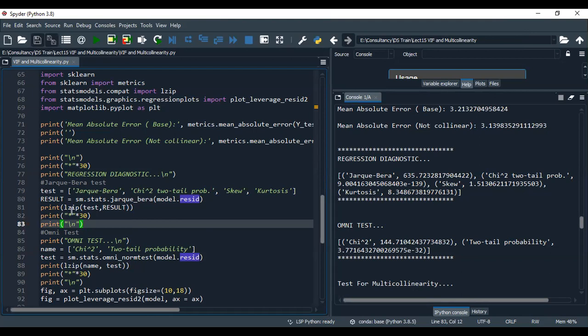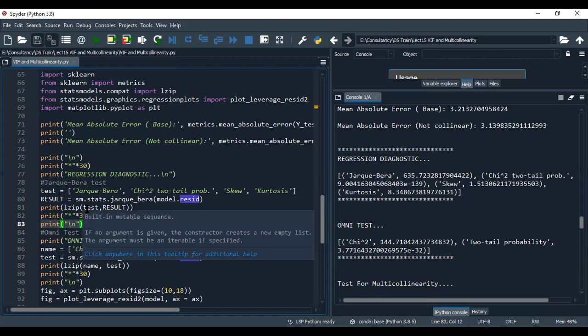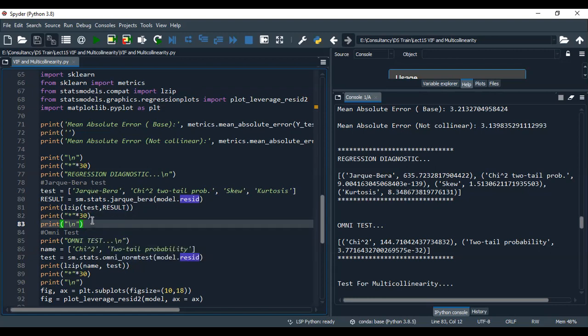So this is the zip, and we get the names from statsmodels.compat by importing lzip. lzip is basically the zip that returns a list. This JB test is giving you four values: the JB, chi-square, skew, and kurtosis, and that's why we are zipping it to create this type of ordered pair.